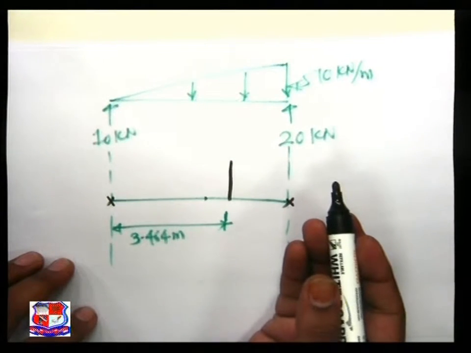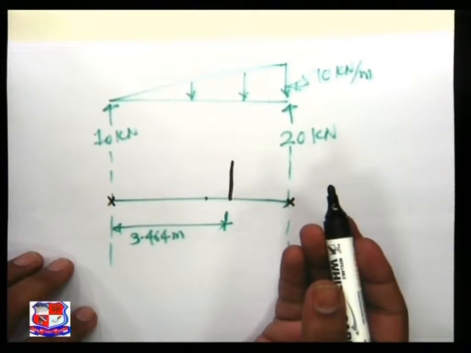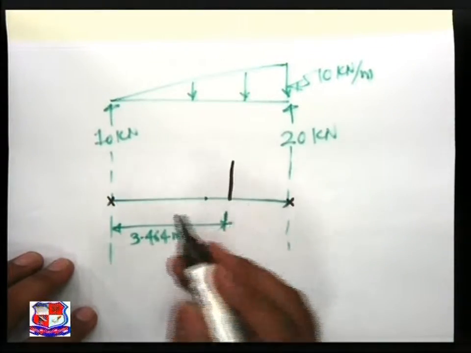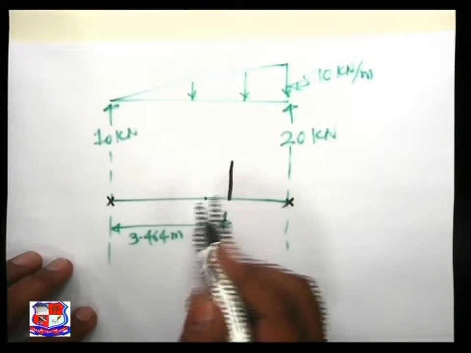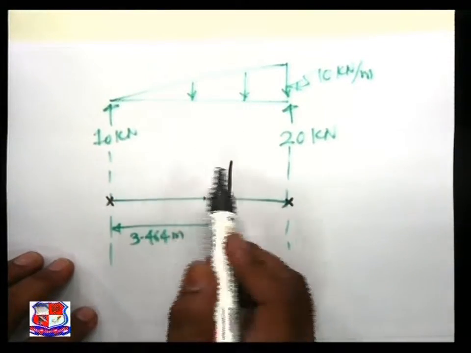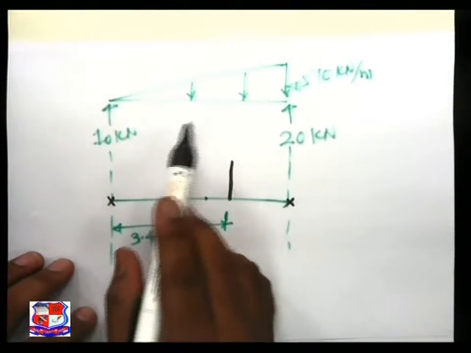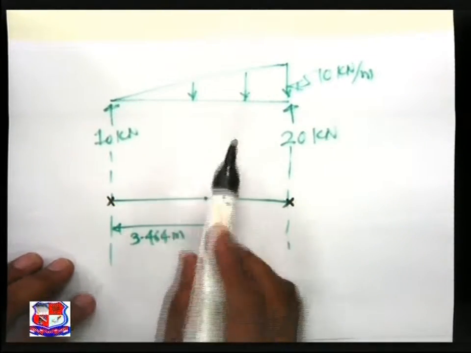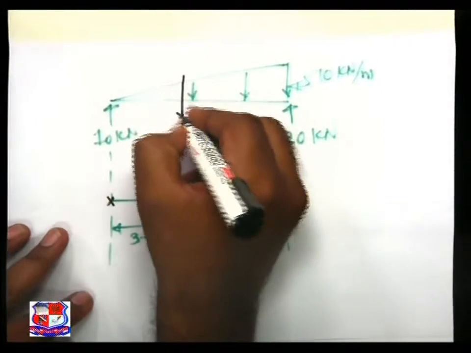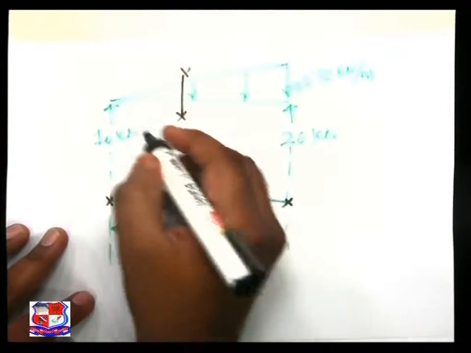Any of the curve means maybe a straight line, maybe a parabola, maybe a cubic parabola, or so on. So our intention is to find out how this BMD is varying along the length of the beam for this UVL. Let us take a section over here at distance x.